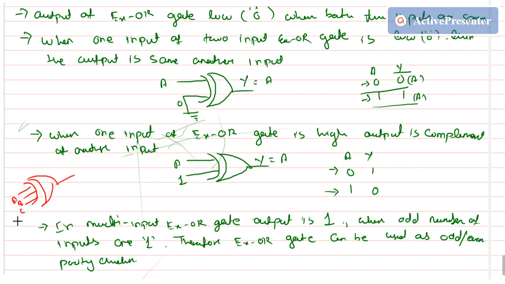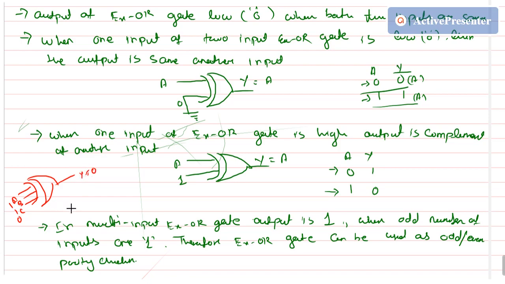Suppose the inputs are 0, 1, 0, then an odd number of inputs are 1, so the output will be 1. In the other case, if the inputs are 1, 1, 0, then an even number of inputs are 1, so the output will be 0.